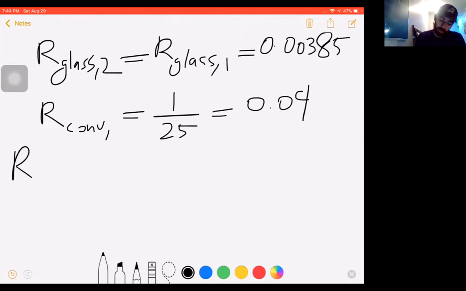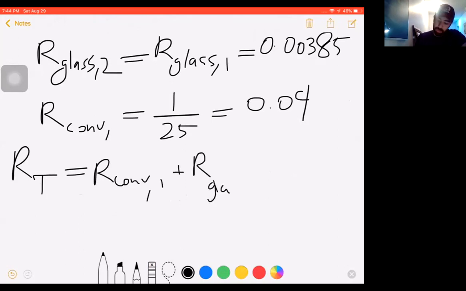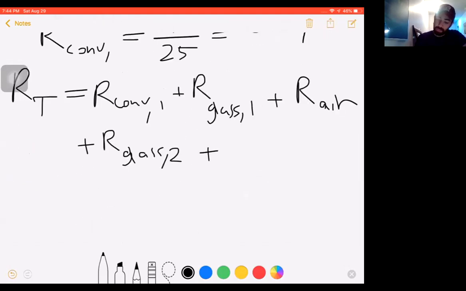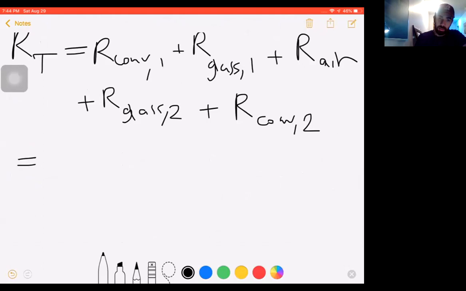So the equivalent resistance: let me write the whole equation again, R of convection plus R of the first glass layer plus R of air plus R of the second glass layer plus this second convection term.